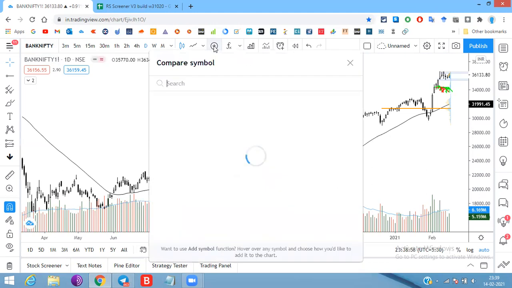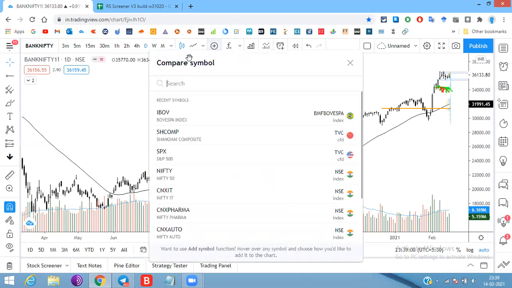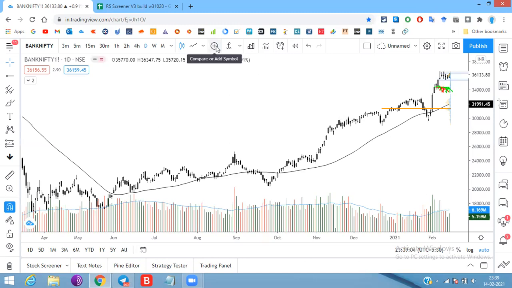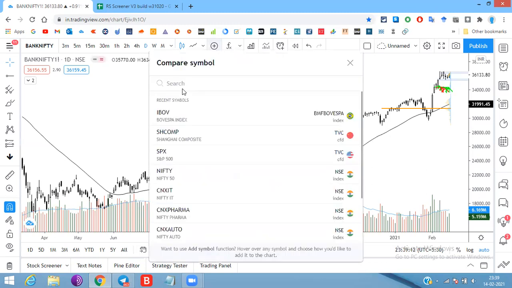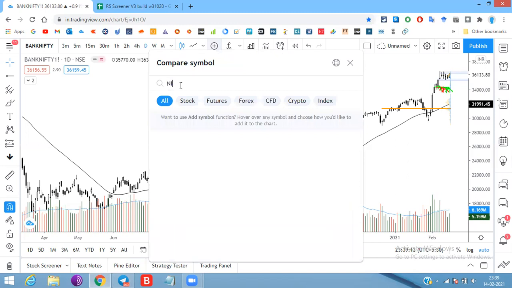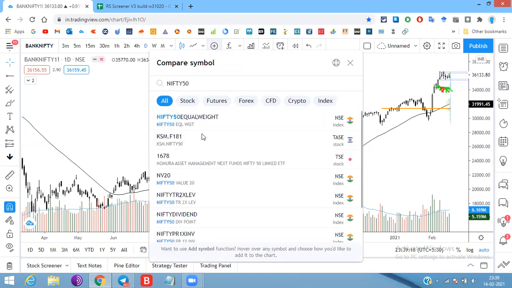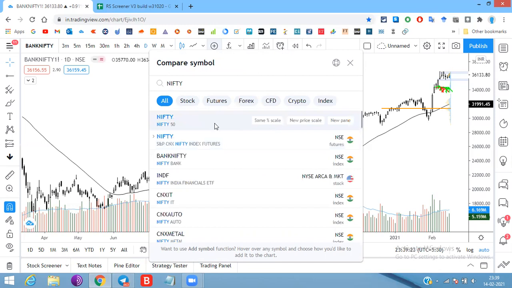So let me first take this compare. In here we go to this plus symbol, which is the compare. We directly search Nifty 50. So there you go. And we select.